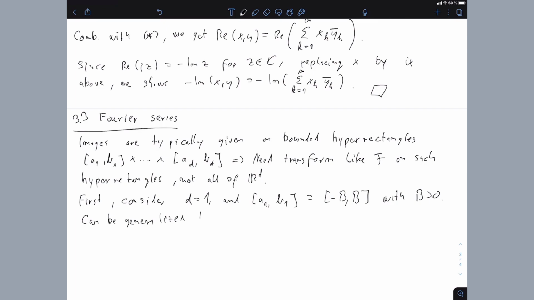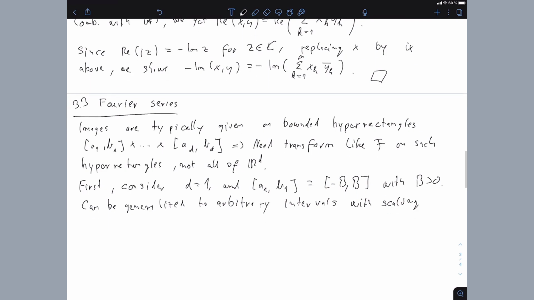Generalized to intervals with scaling and translation. These are simple transforms that we could combine with the transform that we create.